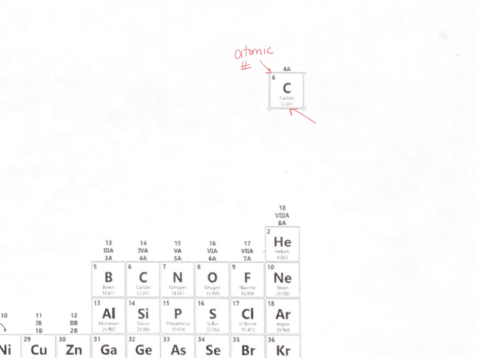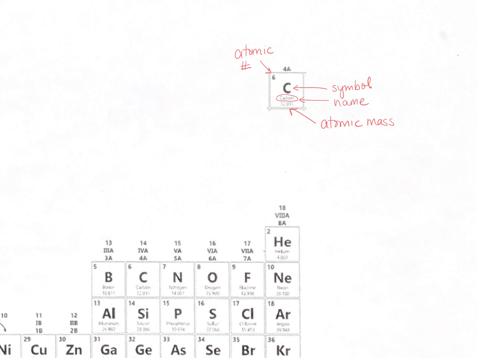This decimal value here is called the atomic mass, so this is the average mass of a carbon atom. Here is the actual symbol of the element, and you'll see this spelling here says carbon, so here's where we see the actual name of the element.